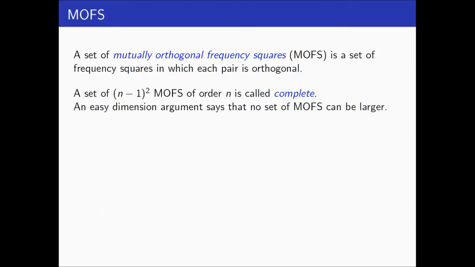And if you have (n-1)^2 squares in your set, that is called a complete set. The reason for the terminology is there's an easy dimension argument that says you can't get anything bigger. This was originally proved by Hedayat et al. in 1975. Their proof was pretty opaque to me, but here's the gist of a very simple proof that makes sense to my wee brain.